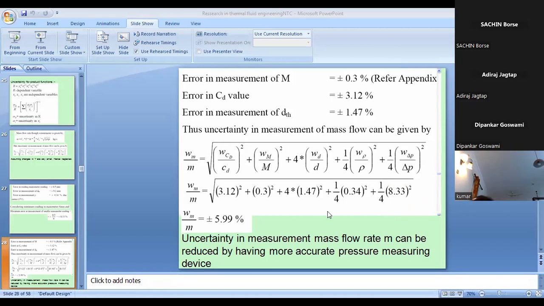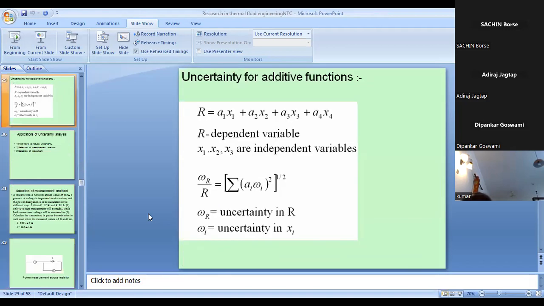So from this, it is clear that if you use this high error of pressure measurement, it will give a very high error in mass measurement, about 6%. A 6% error is not acceptable because then we cannot trust your conclusion, because your measurement has a very big error. So you have to control this by controlling the uncertainty in the pressure measurement.